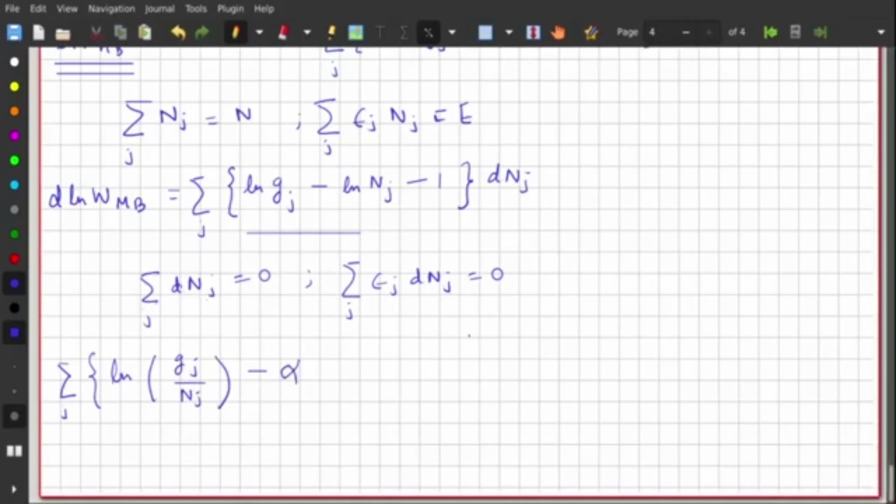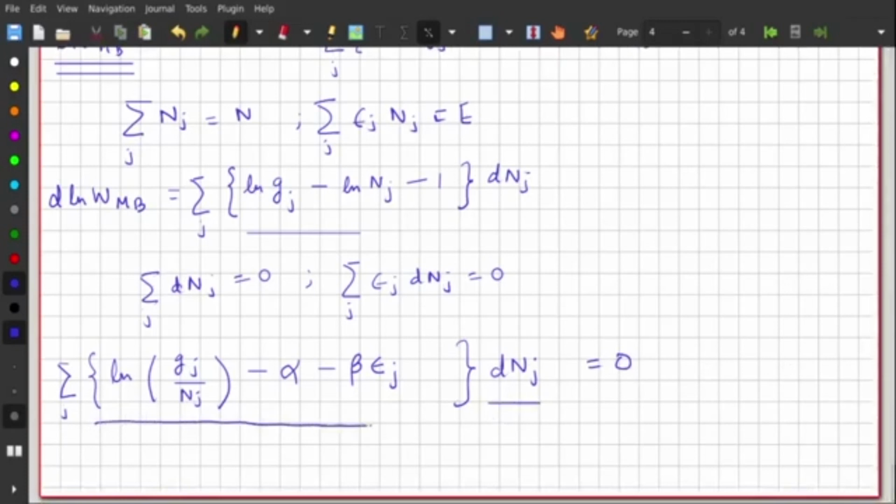So let me write it like this. So this is dnj, that's the first Lagrange multiplier, times the second, so minus beta epsilon j, that's the second Lagrange multiplier. So this should be equal to 0. Okay, if this has to be equal to 0 for arbitrary variations of dnj, that means this entire thing has to be 0.